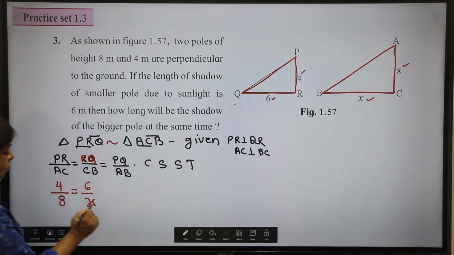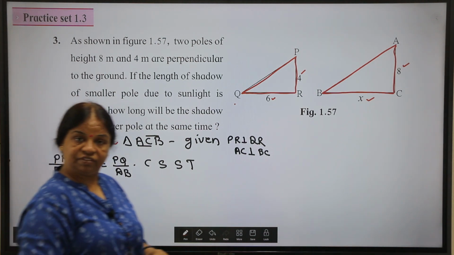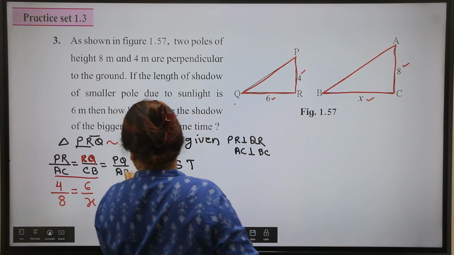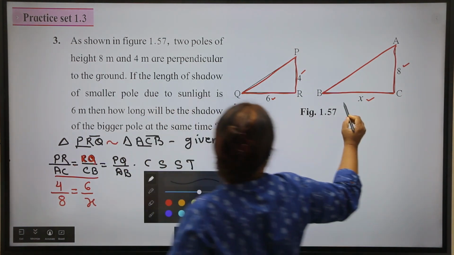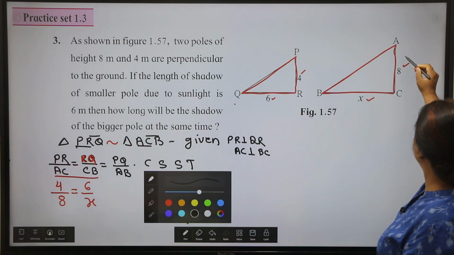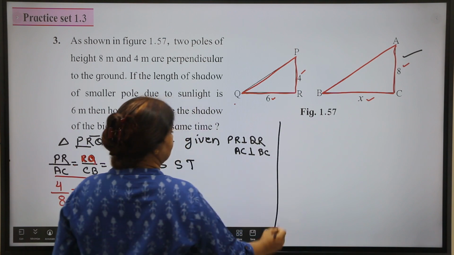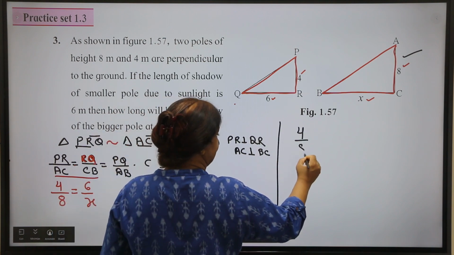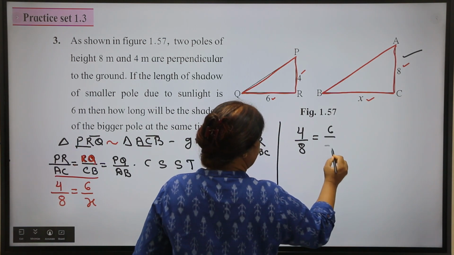X. So, we need to take only these two ratios to get the value of X. There is no need to struggle for this because we want to find out the length of the shadow formed by the pole AC. Now, I am taking it here, 4 upon 8 is equal to 6 upon X.